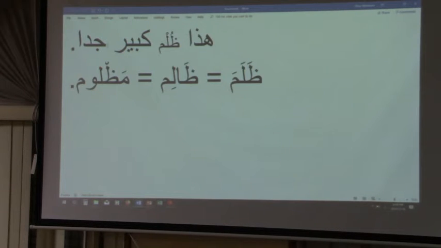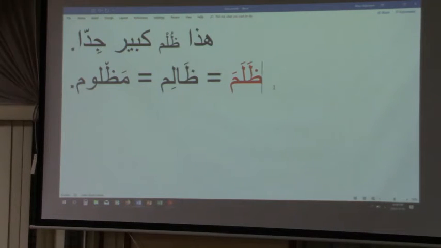What does كبير mean? Very big. So I will highlight for you ظلم, to oppress, and also we said last time it's a past tense, correct? Yes, he oppressed.